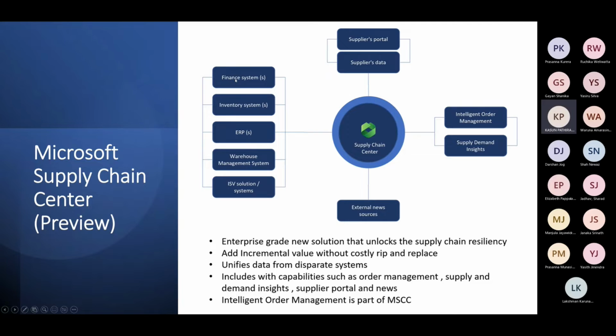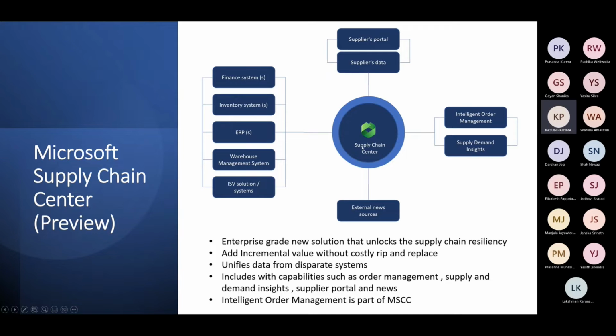So how would you do that? You can leverage whatever systems you currently have, and then bring the data and information that's required back to the supply chain center. Later on we will see how that data can be captured into the supply chain center and utilized internally. So basically, you can use the supply chain center to bring in all that information, and internally you have several modules as well.